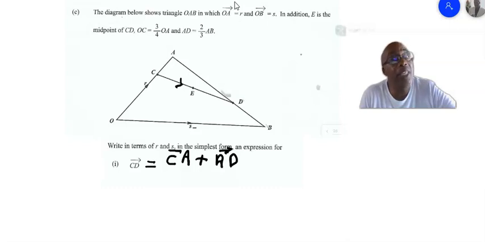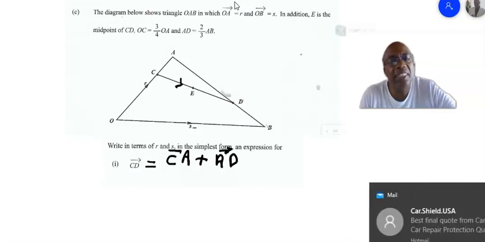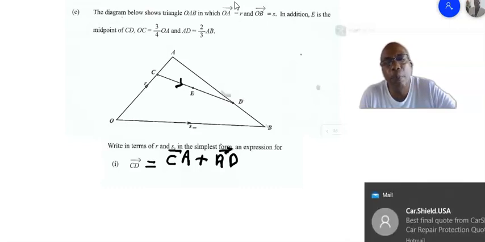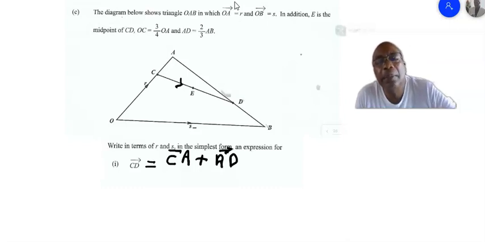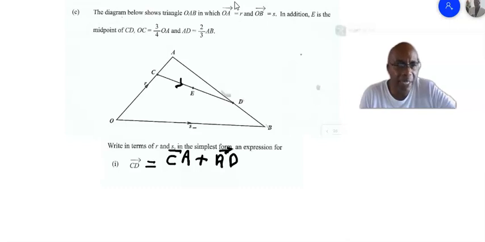I could have gone another way. I could have gone from C to O, then from O to B, and then from B to D. So vector CD is also equal to vector CO plus OB plus BD. But let's go with what I just wrote.